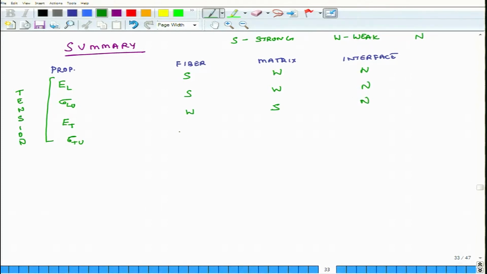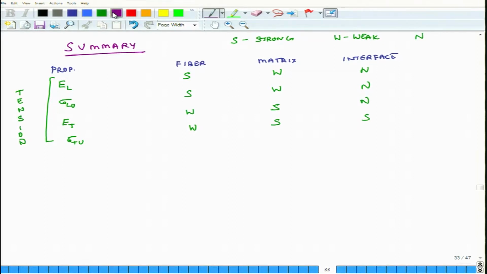And lastly, if you look at the transverse strength, when you apply tensile load, then once again the role of fiber is weak. What is really important is how good your matrix is, so strong, and how good you join the two things together. So, this has a strong role. These are tension related properties.